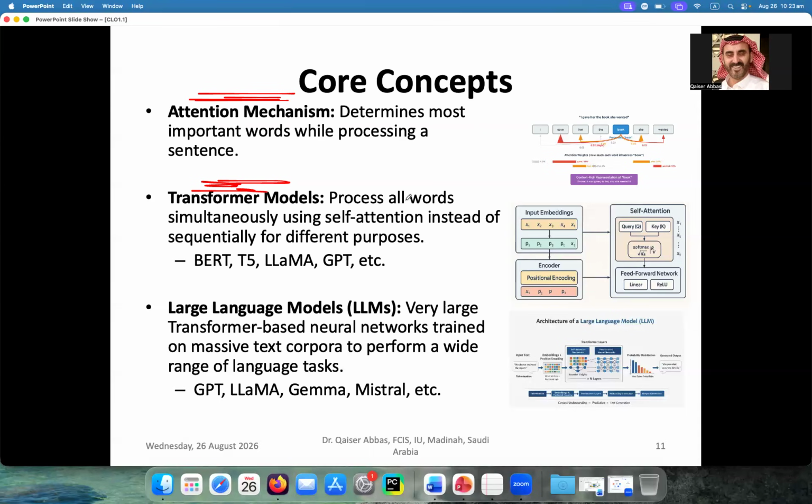They don't process words one by one, then the second word, then the third, then the fourth. No, in one go, parallel processing. They process all words simultaneously at one time using this attention mechanism. You can call it attention or self-attention, same thing. Examples of transformer models are BERT, T5, Llama, GPT that you have nowadays.